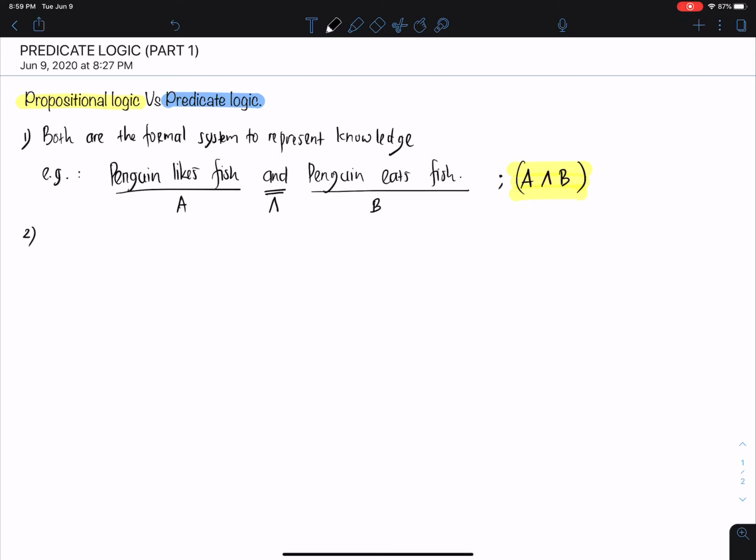For example, to distinguish properties from the objects to which they apply.